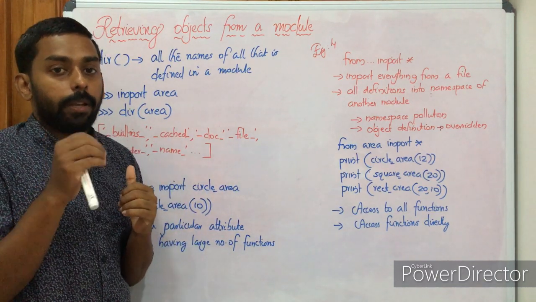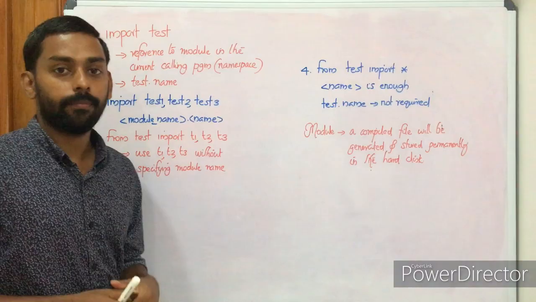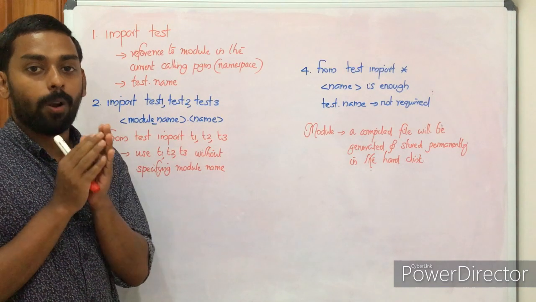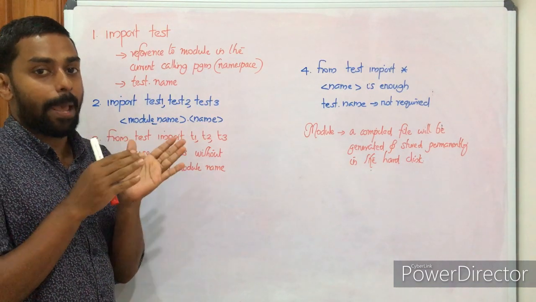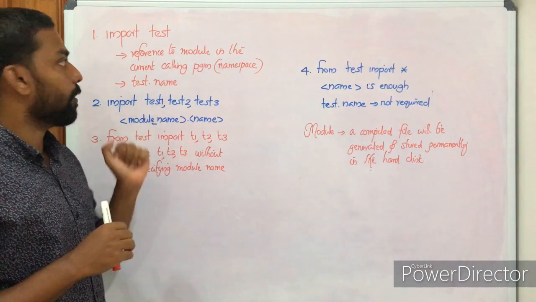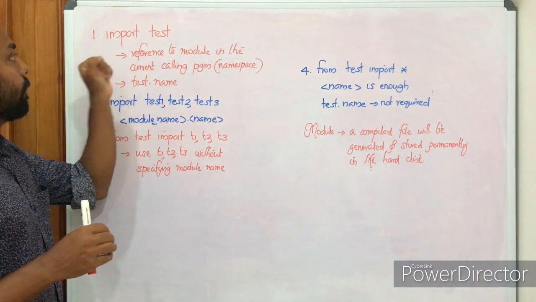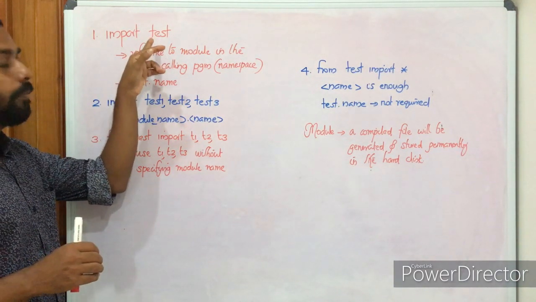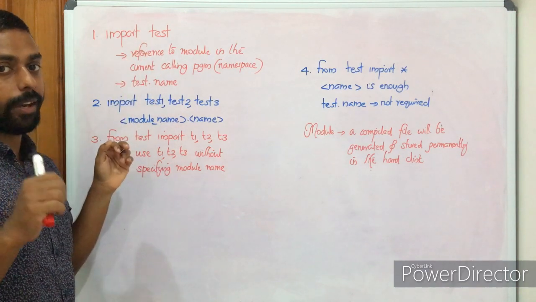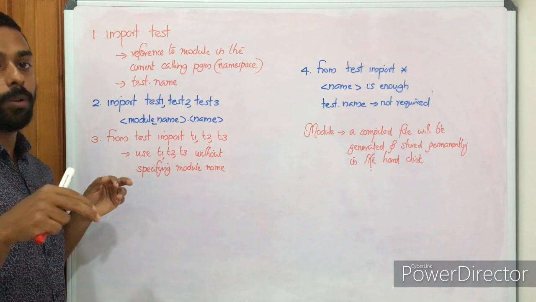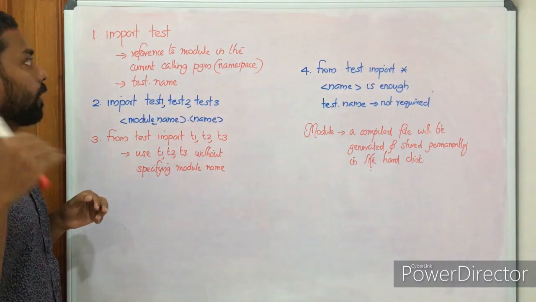We can conclude the topic by applying all three constructs on a sample module named test. The first one is applying import. The statement is import test, where the module name is test. This is the first method of importing modules to the program or to another module.